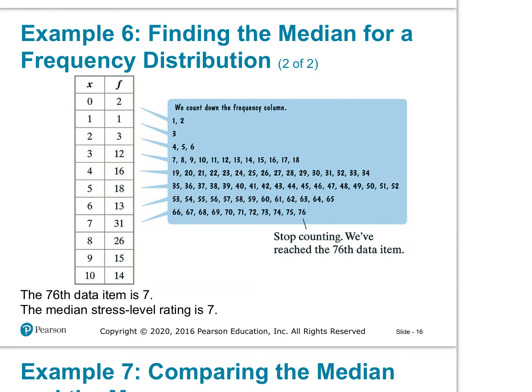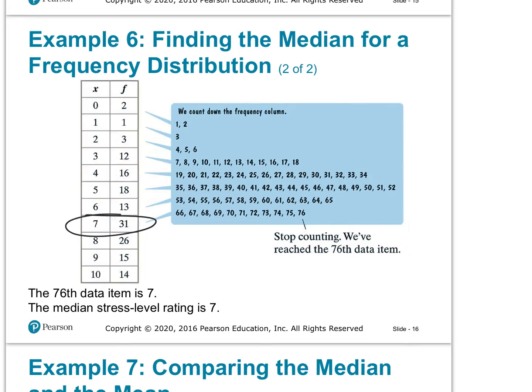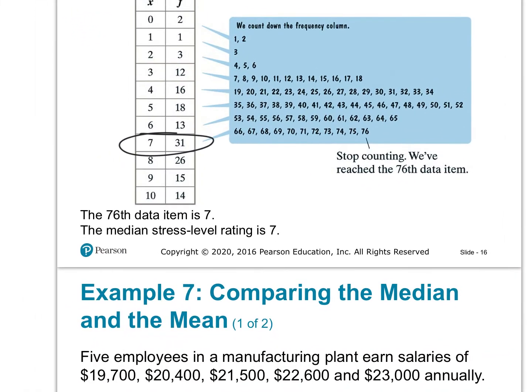So you're adding your points, kind of like we did up here, going from this position. So you would just stop here at your 76. So the 76th data item is 7, so the median stress level rating is 7.